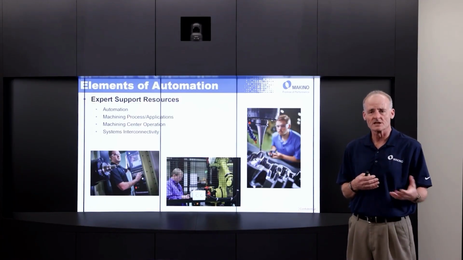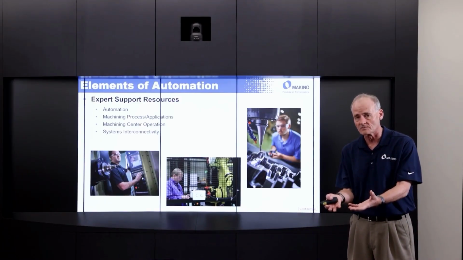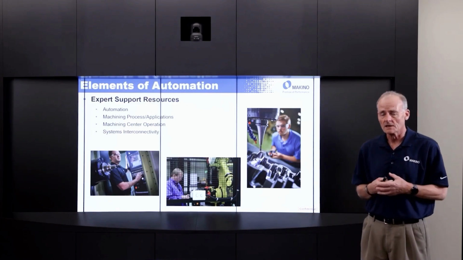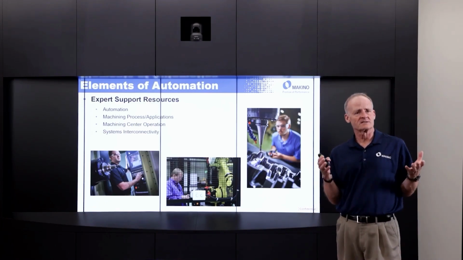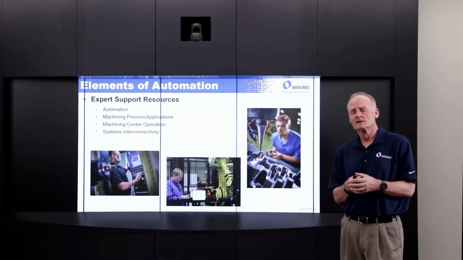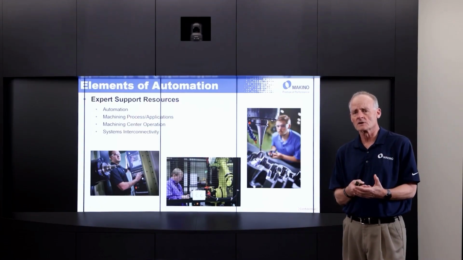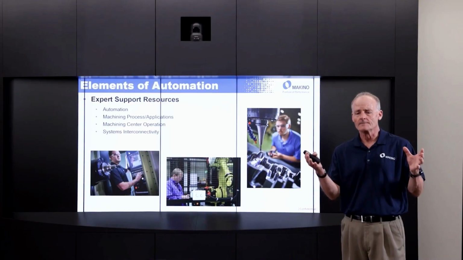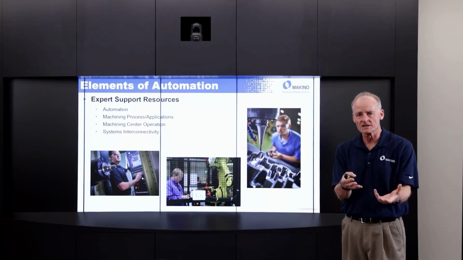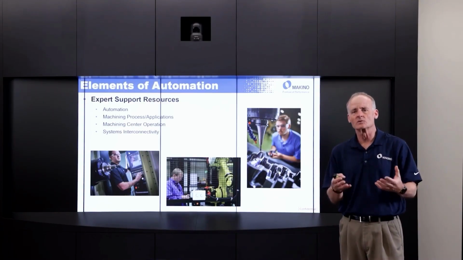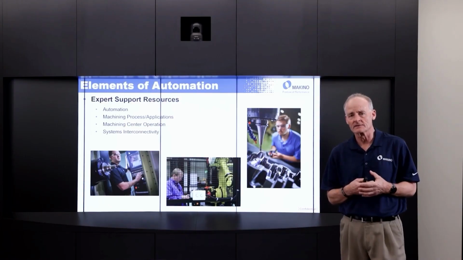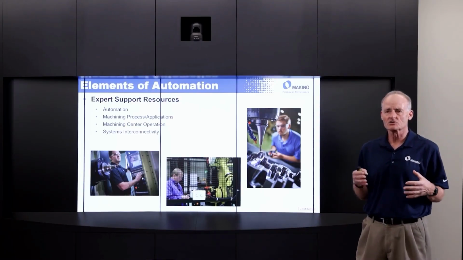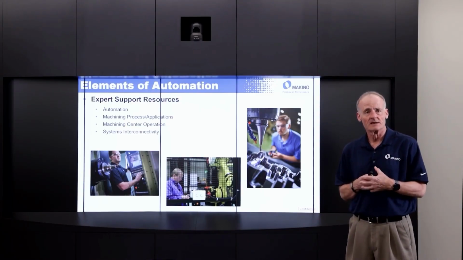You want those options available to you, so you may need some engineering support from the machining center group. And then the systems interconnectivity. Here at Makino, we've got a very strong automation and system support group that is able to work with you to make sure your machining center automation is connected within your particular plant and environment, to make sure that everything communicates together.